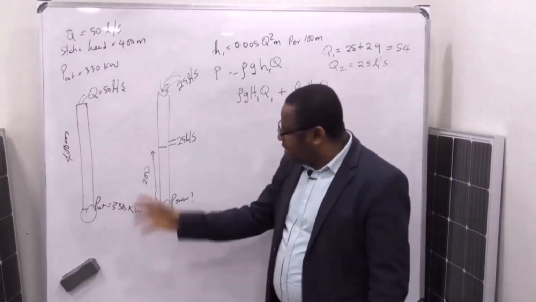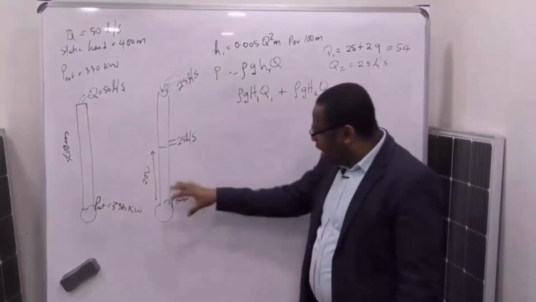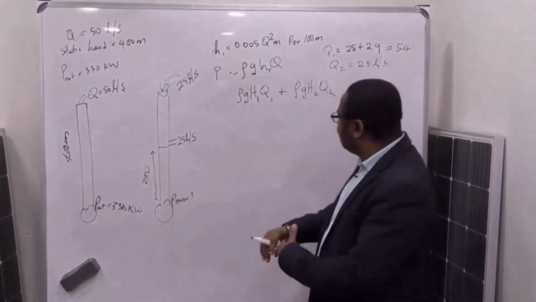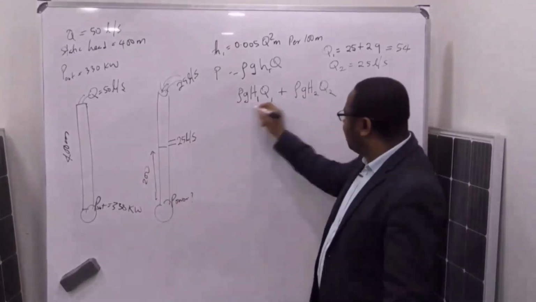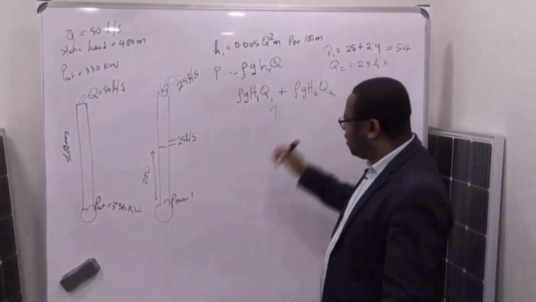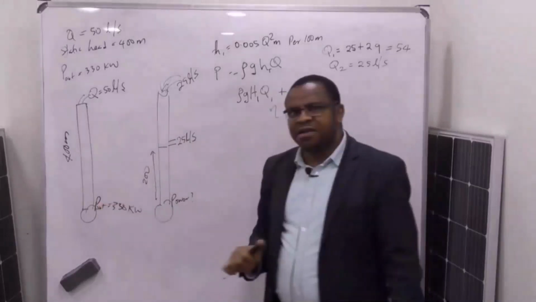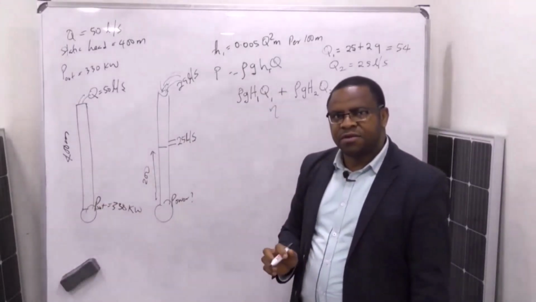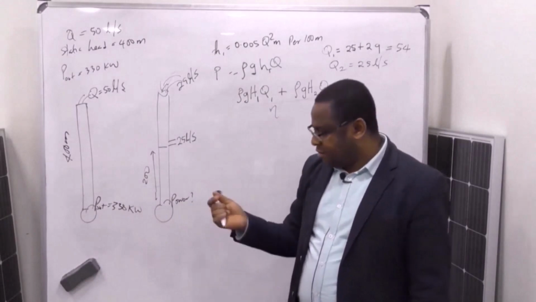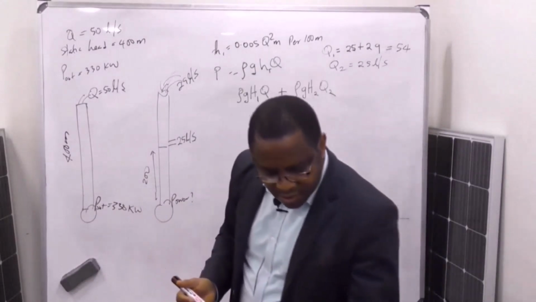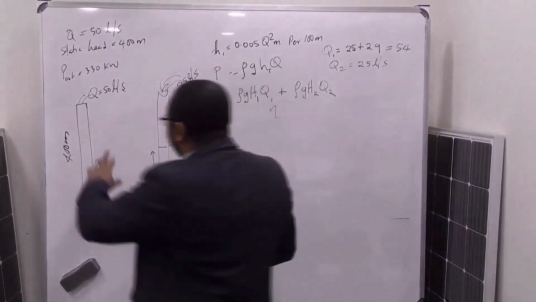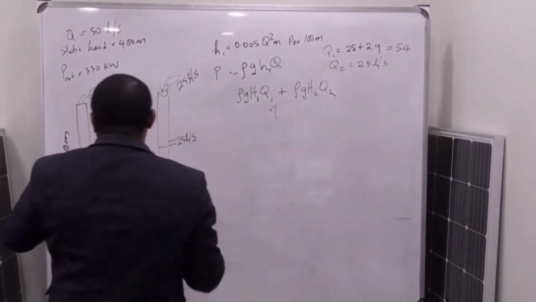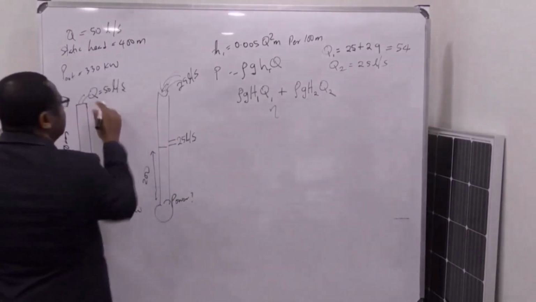Now after that, I'll come here and I'll use that efficiency here, because it's the efficiency of the pump. All right. So let's get this one first before we come here. Let's just get our power.